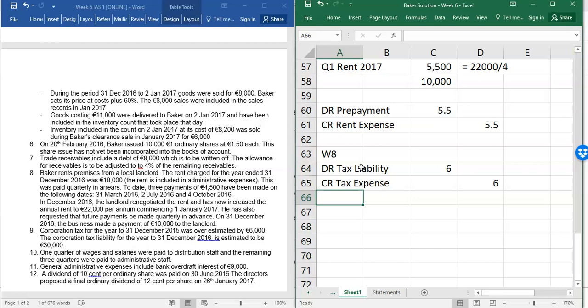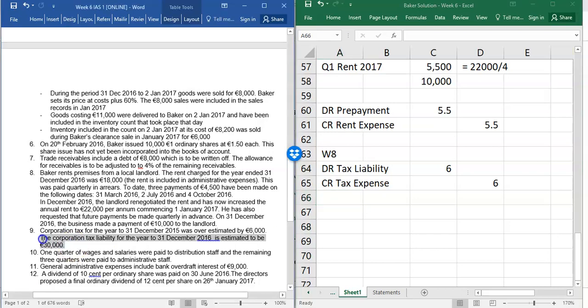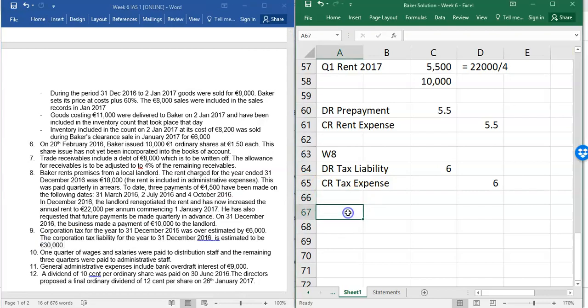So that's a tricky one, but watch for when you have an opening balance as a credit or debit in the tax. That may be for under or overestimate from last year. And you're told the estimate for this year's tax then is 30. So what we would usually do is debit your tax expense and credit your tax liability. So we're saying 30 here and 30. But what I want you to look at the net difference.